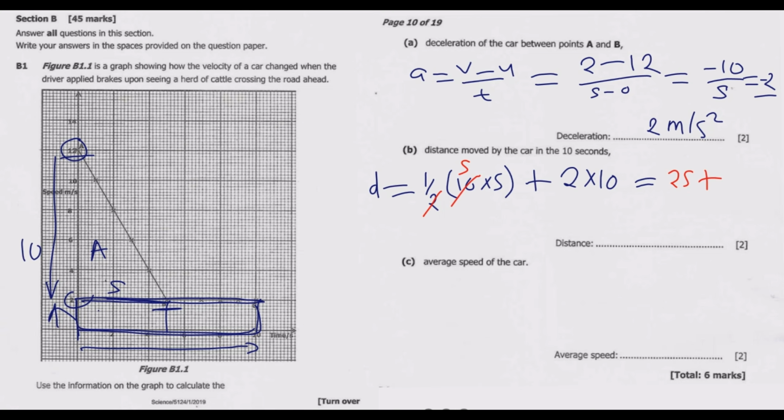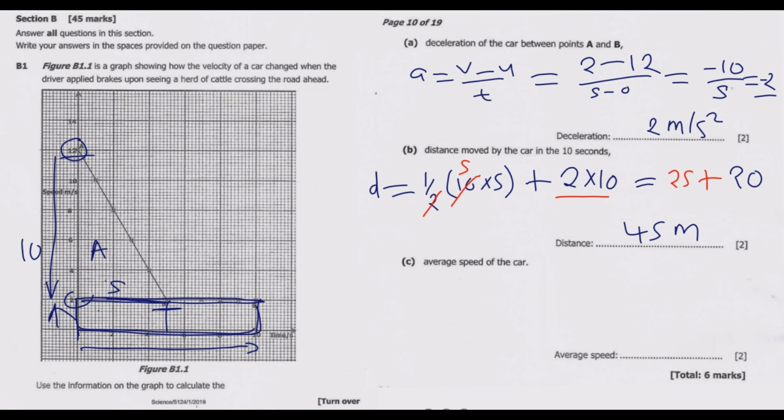Then plus this part, which is 2 times 10, which is 20. Then we add the 25 and 20, we end up with 45. So 45 meters is the distance covered.